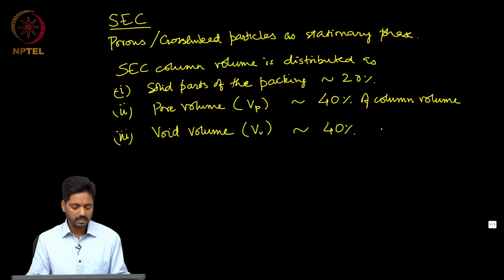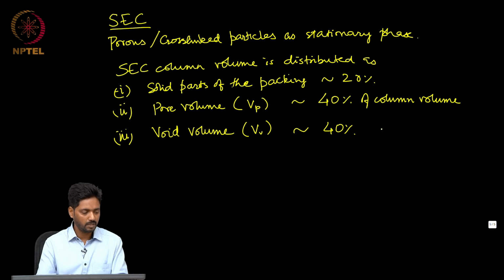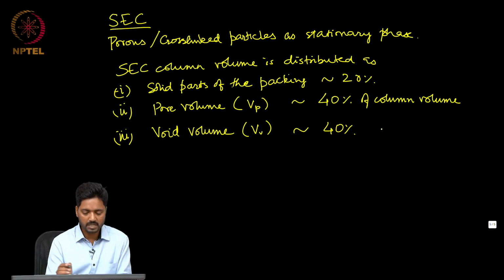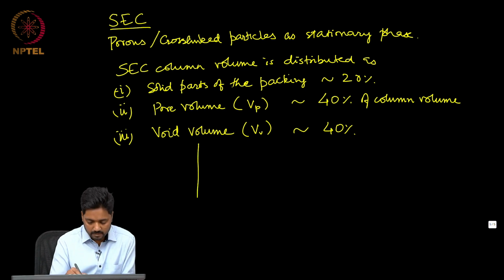So, we see that both the pore and the void occupy large volume fractions in the size exclusion chromatography column, and in the pores the large molecules will not enter, while in the voids the macromolecules will enter and pass through the column more quickly.